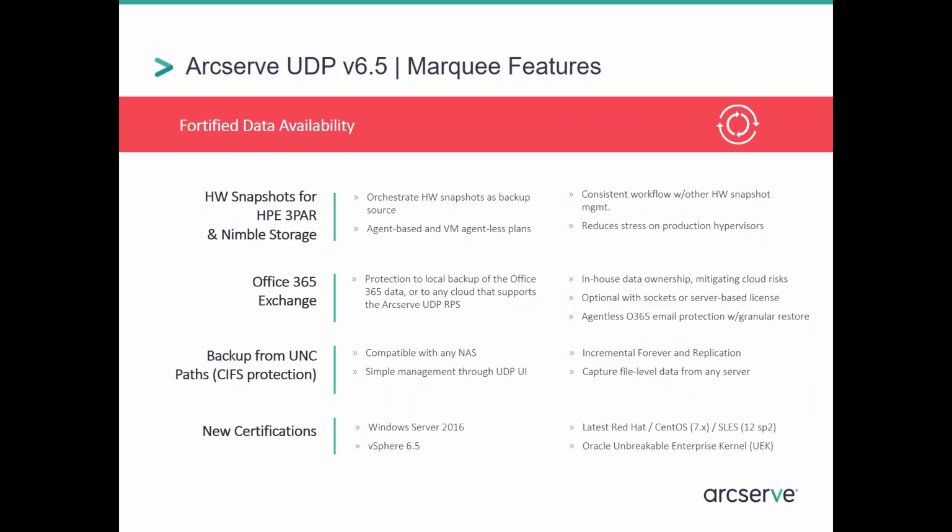We've also added more support for Linux, the latest Red Hat release for Red Hat and CentOS 7.x. We've certified the latest service pack for SUSE Linux Enterprise Server 12, and we've also introduced support for Oracle Unbreakable Enterprise Kernel, UEK, which has been certified with the UDP Linux technology as well.